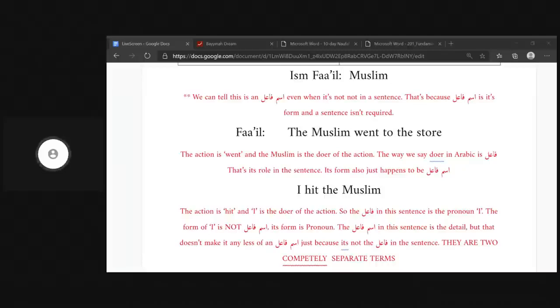Really off topic, but it would be kind if you can explain why Abd in Abdullah is nasab. Abdullah is an idafa, why is Abd nasab? Shouldn't it be rafa? Normally, by default, it will be rafa. It will be Abdullah. But let's say I have a friend named Abdullah and I want to get his attention. So I call his name.